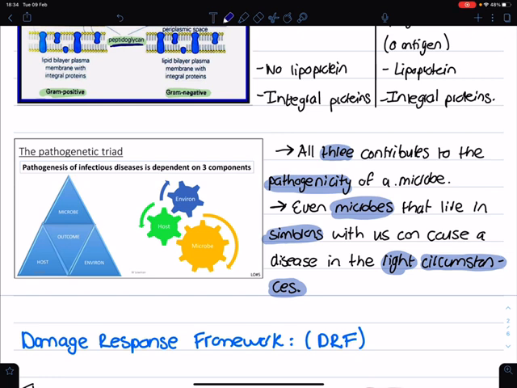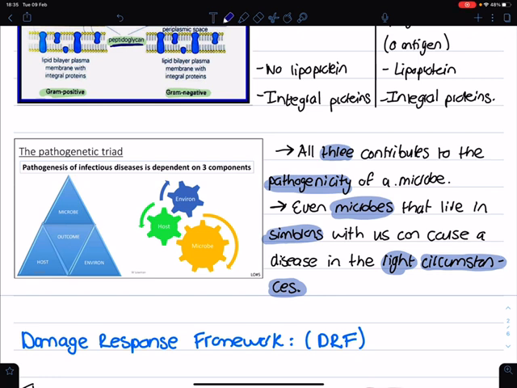But if the environment's bad and the host's genetic capacity is down, then the microbe may cause a disease, and it might be lethal. So all three components in the triad contribute to the pathogenicity of a disease. It's not only the microbe, but the environment and the host.